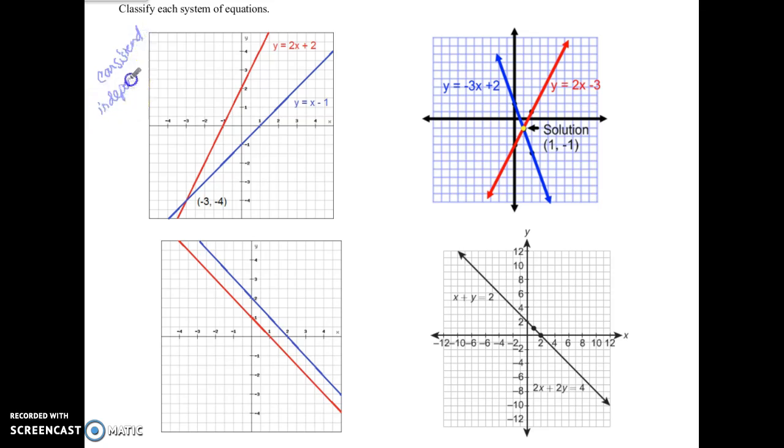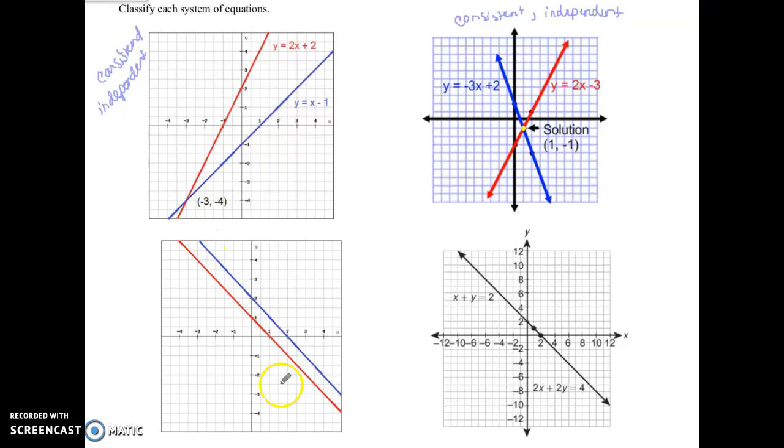And the second one is just like the graph that we just did, where our solution was 1, -1. There's at least one solution, so we know it's consistent. And there's exactly one solution because they cross only at one point, so we know it's also independent.